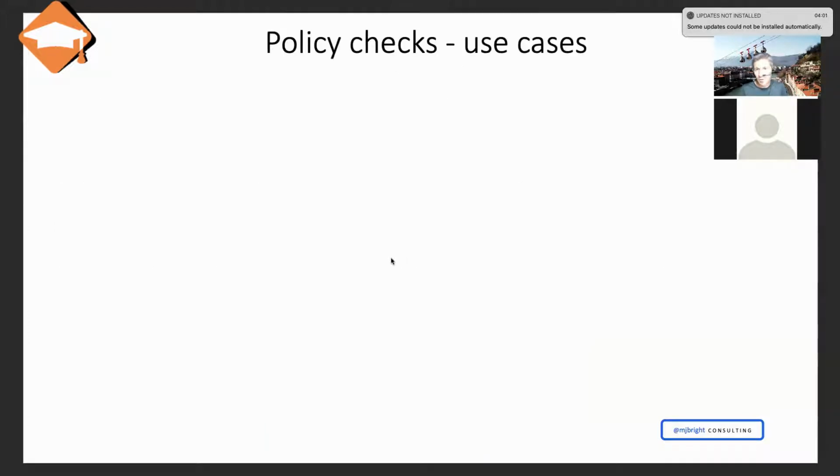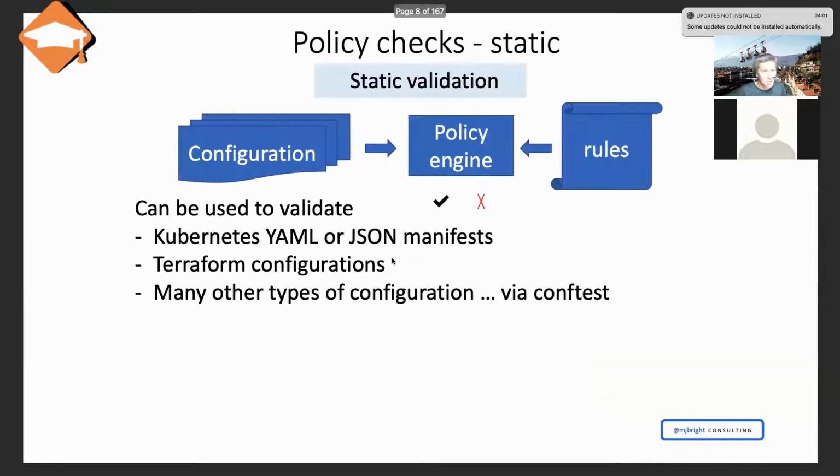Okay, let's first look though, what sort of things are we looking at? How would we use these policy checks? We can of course use them for static validation, which is basically taking some existing configuration files, maybe before we feed them into our CI/CD pipeline, applying our policy rules and basically seeing if these comply to the policy.